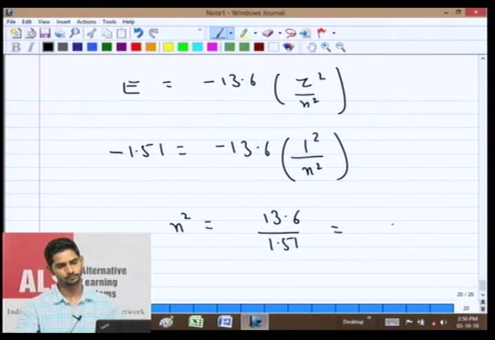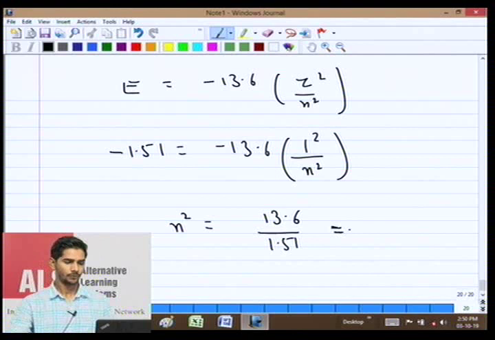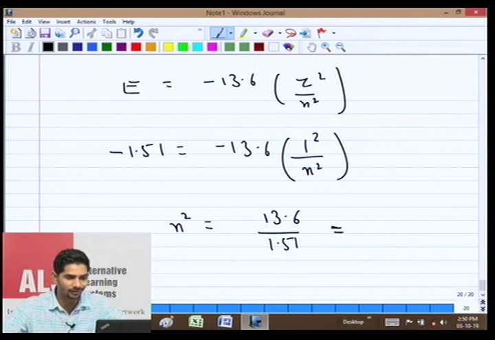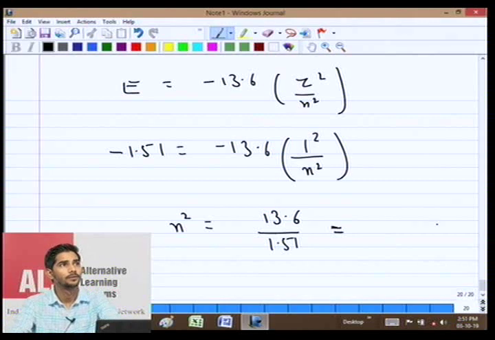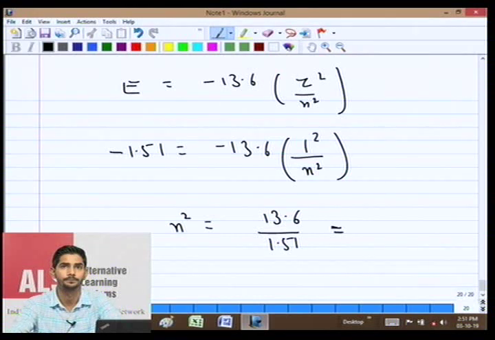On solving this, we will get a result. This comes out to be approximately 9.